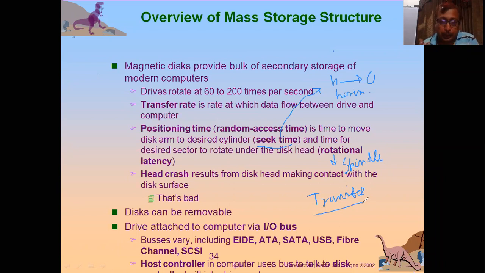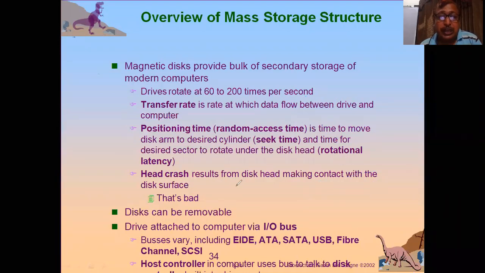So basically the total time for transferring data requires three things: seek time, rotational latency, and transfer time. These three things together decide how much time will be required to transfer a file from the hard disk to memory.